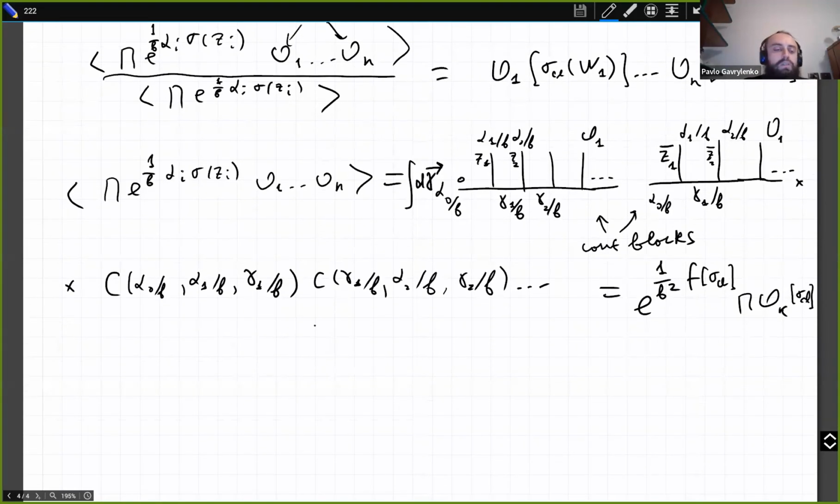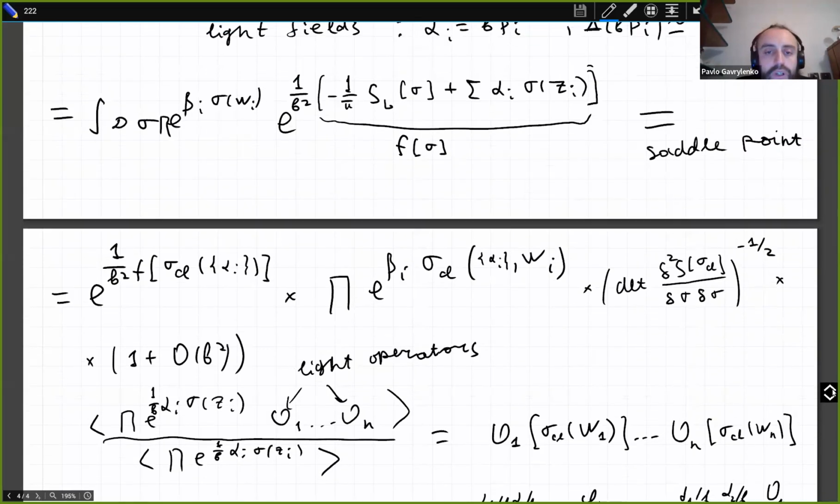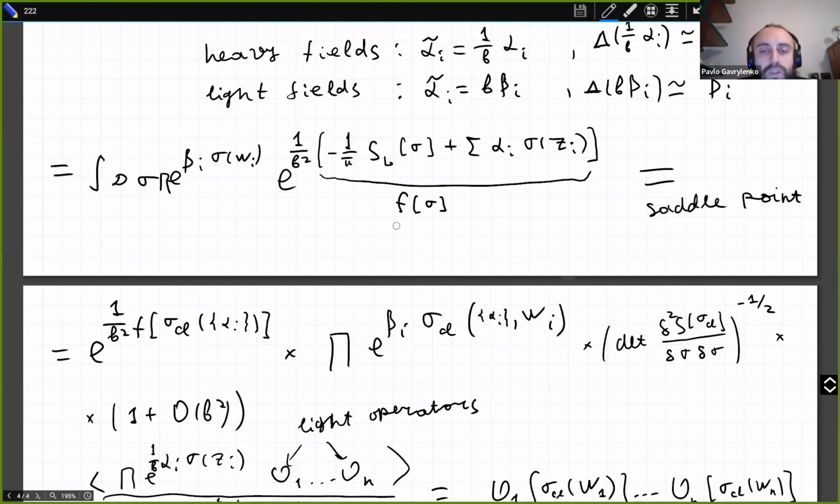And there's a question: when can it happen that the integral of some object which depends on b behaves like e to the 1 over b squared times something, and we conjecture that this object can be obtained as... maybe this notation f small is not very good.